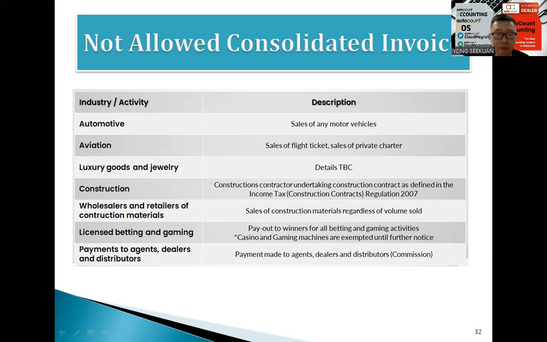So I believe for this kind of invoice with such a big amount, the government will not allow you to consolidate. But we need to read more and see in the future. Is Mr. DIY in this category or not? I believe it's not.